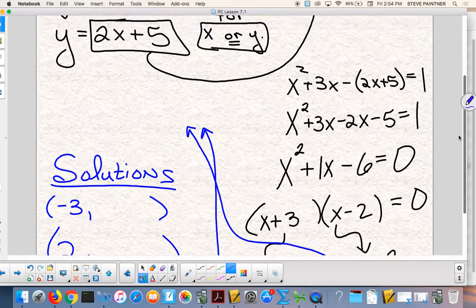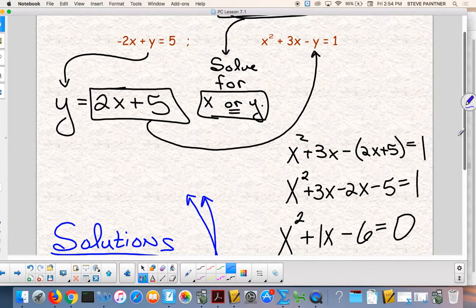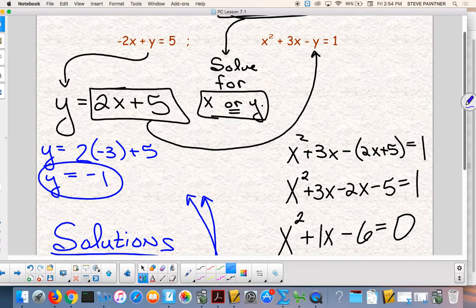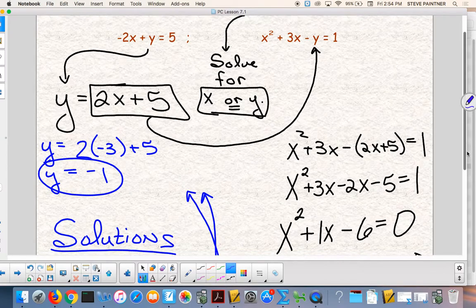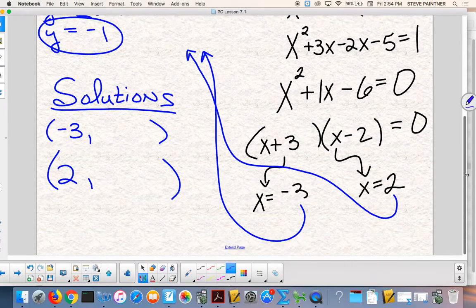Okay, so, okay, let's put it in. Y equals, well, one of the x values was negative 3. So that's going to be negative 6 plus 5, negative 1. There's one of them. The other one, I think it was 2, wasn't it? Yeah, I think so. Yep, 2.